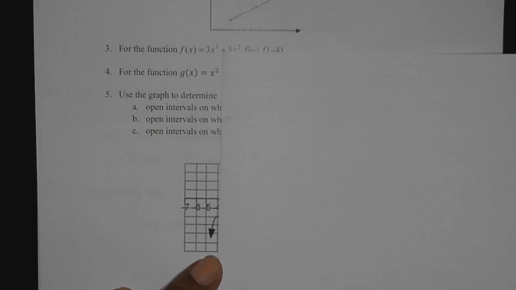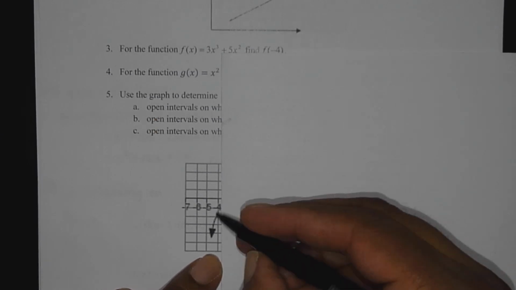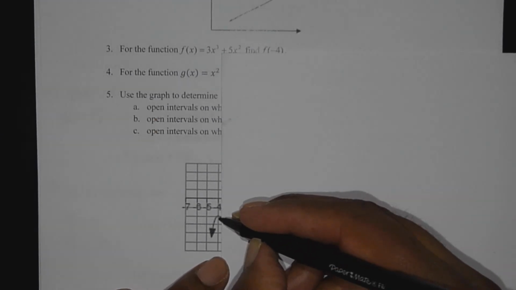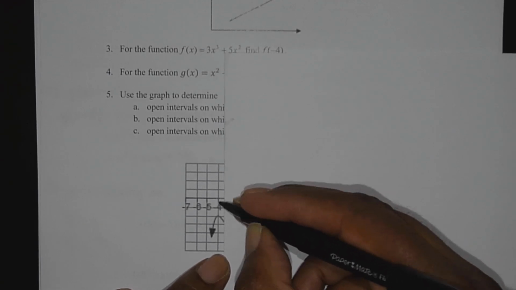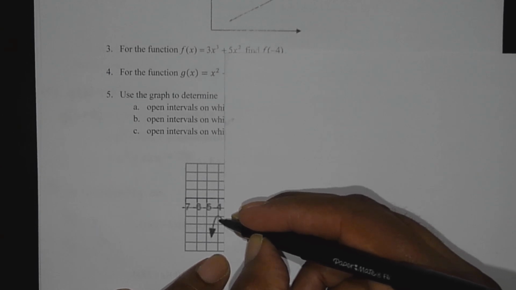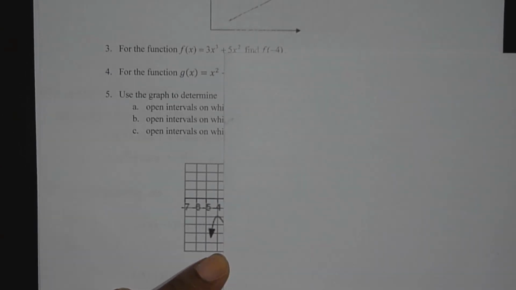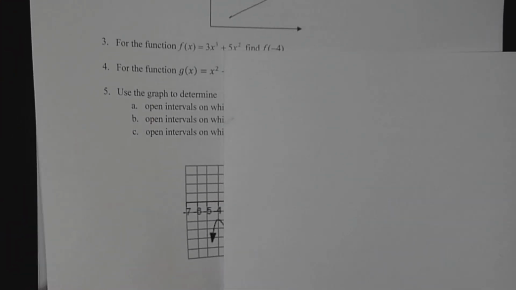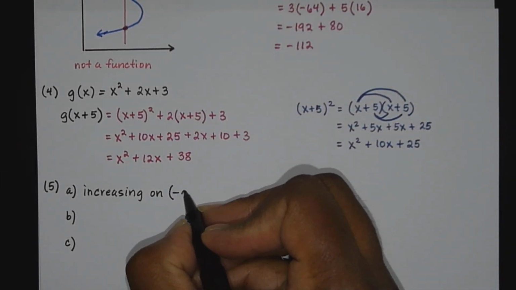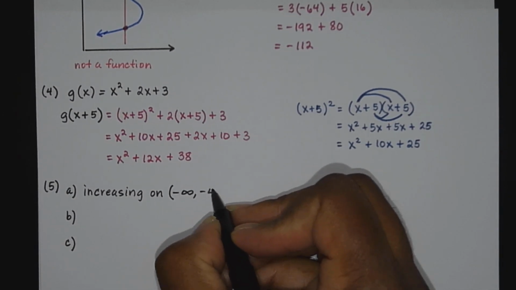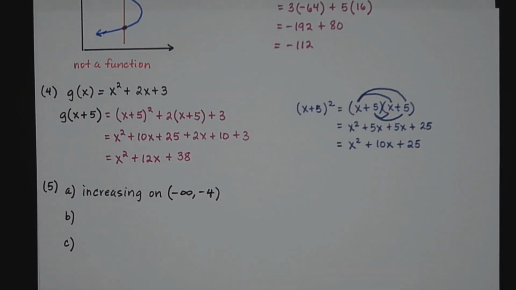Now you can see that it's going to be increasing, and it stops increasing at what x value? Negative 4. Take a look. Negative 4. Okay. So from negative infinity up to negative 4, the graph of that function is increasing. So it's increasing on this interval, negative infinity to negative 4.